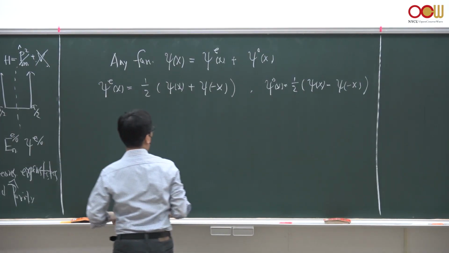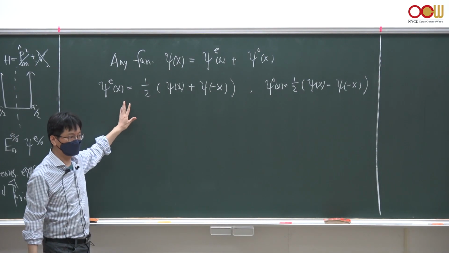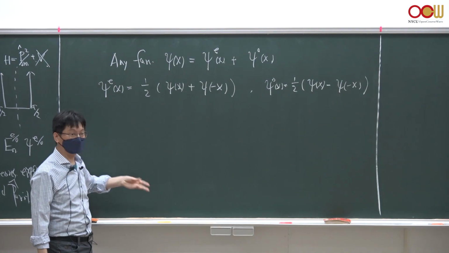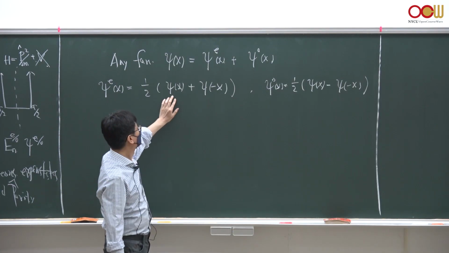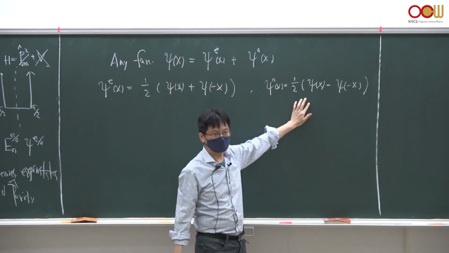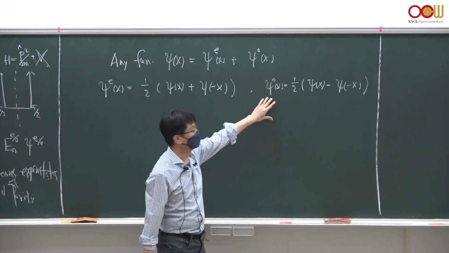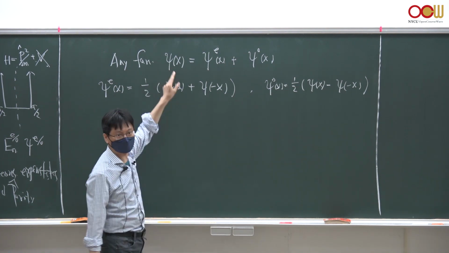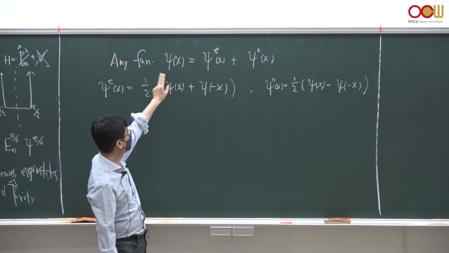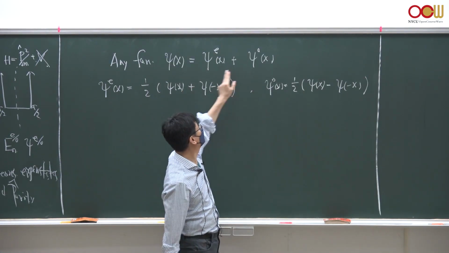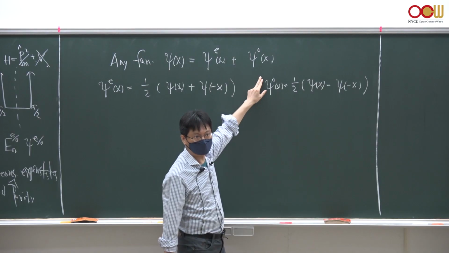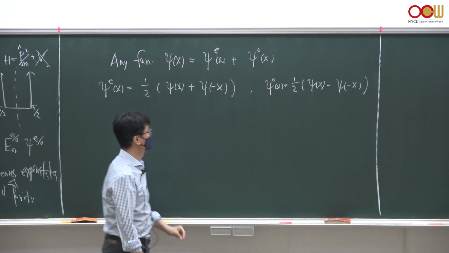Right? So any arbitrary wave function could be decomposed in terms of an even part and an odd parity part. You simply add these two, you get back psi of x, but psi of x could be decomposed in terms of an even symmetry component and an odd symmetry component.